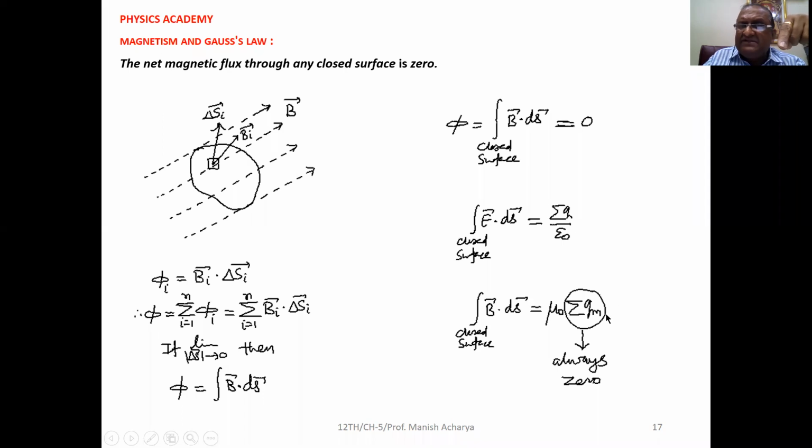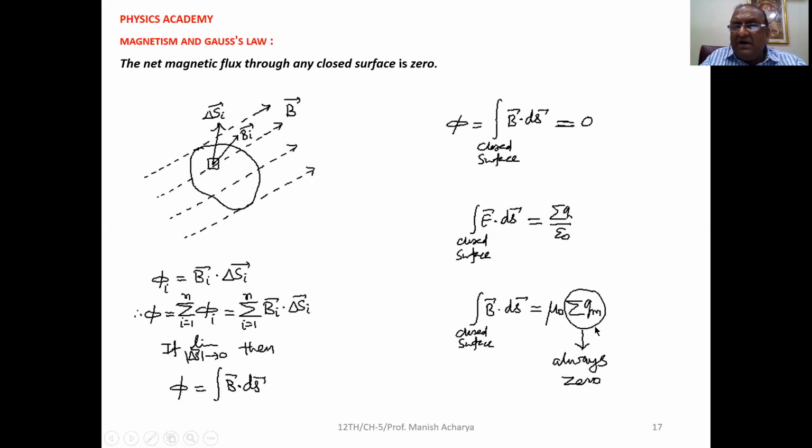this is electric charge, this is magnetic charge, so sigma qm. But as per Gauss's law, the flux passing through a closed surface is always 0. It implies that on the right-hand side, this sigma qm must be 0.